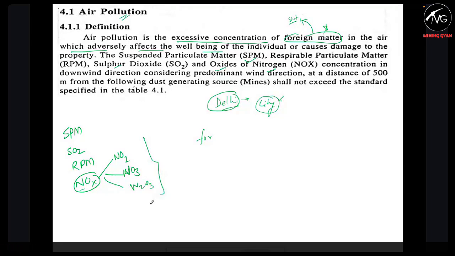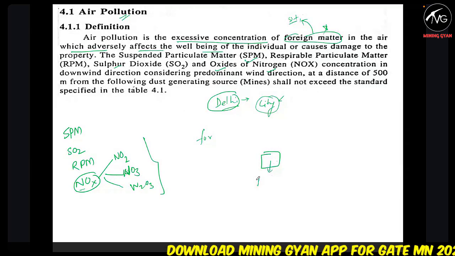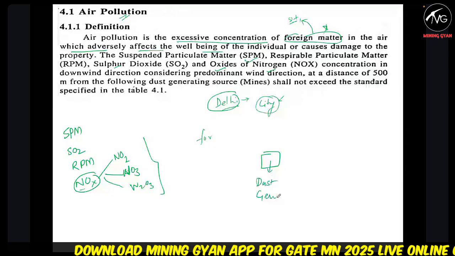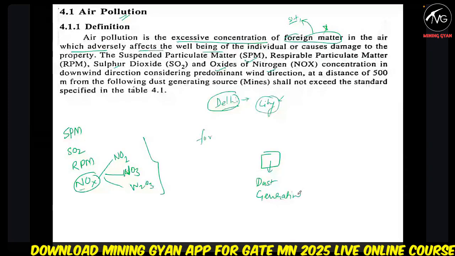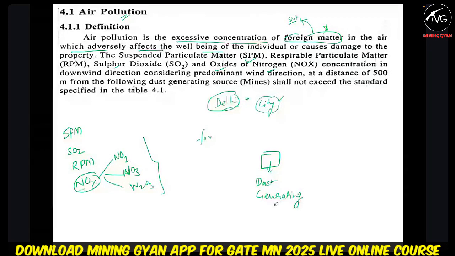So where do we calculate? Suppose this is your dust generating source in the mines.